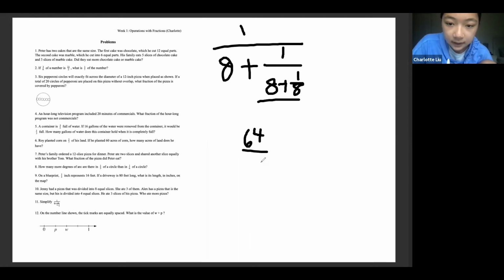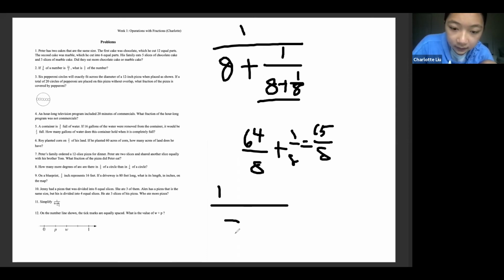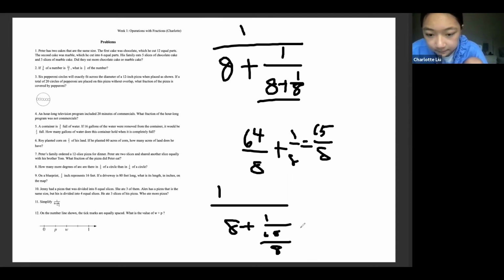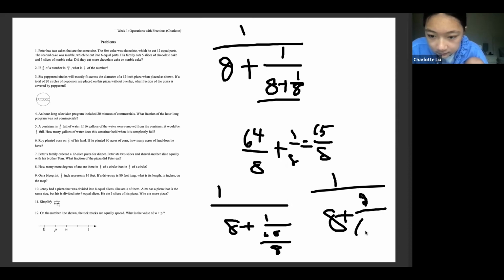And 64 over 8 plus 1 over 8 equals 65 over 8. So now you'll have 1 over 8 plus 1 over 65 over 8. So 65 over 8 is on the bottom. So you would flip it and you'll have 1 over 8 plus 8 over 65.